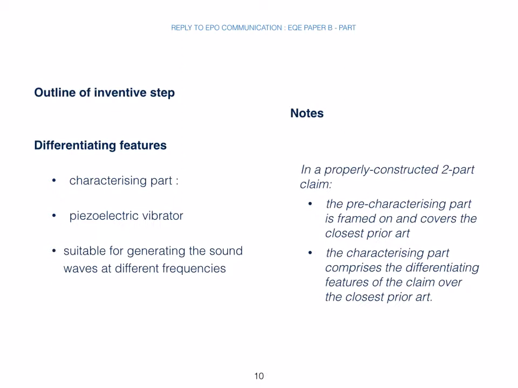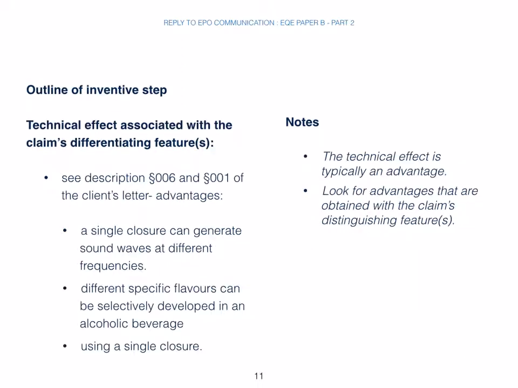Next, we turn to the associated technical effect. So we have to find a technical effect associated with the claim's differentiating features. For this, we can see the description paragraph 6 and paragraph 1 of the client's letter setting out advantages.